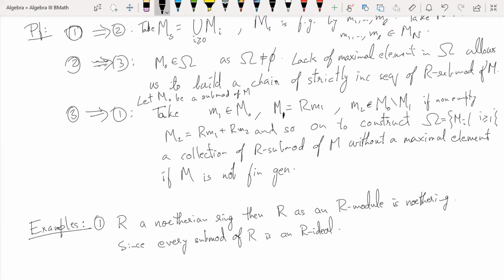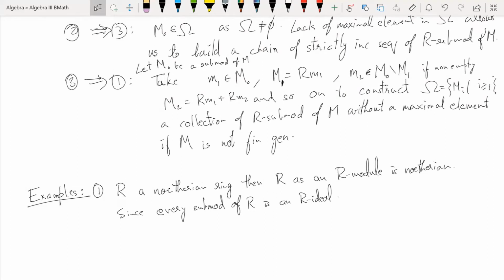So every submodule is finitely generated. So in fact, this is if and only if: R as an R-module is Noetherian if and only if R is a Noetherian ring.